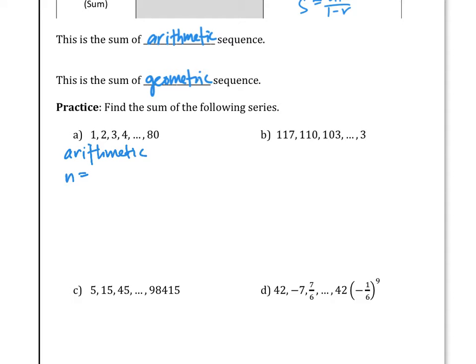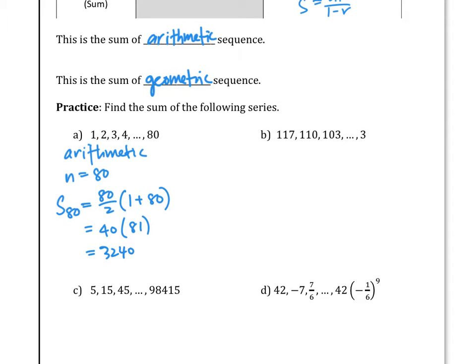So from 1 to 80, that is 80 numbers. If you want the sum of 80 numbers, you apply the formula n over 2 times first number plus last number, so 80 over 2 times first number plus last number. So this is going to be 40 times 81, which is 3240.